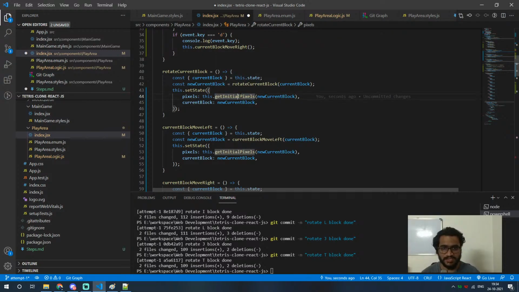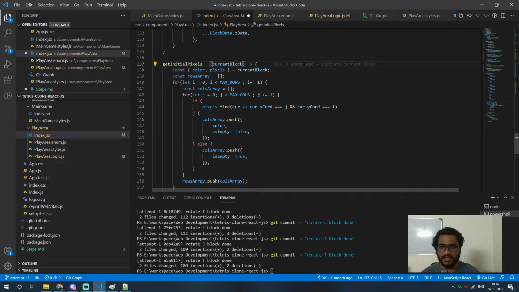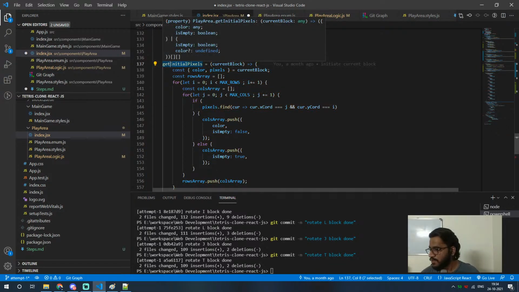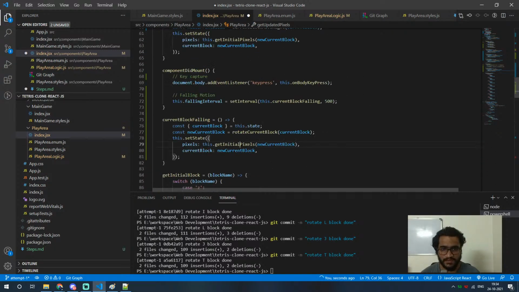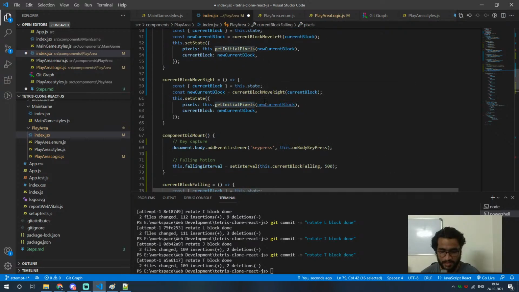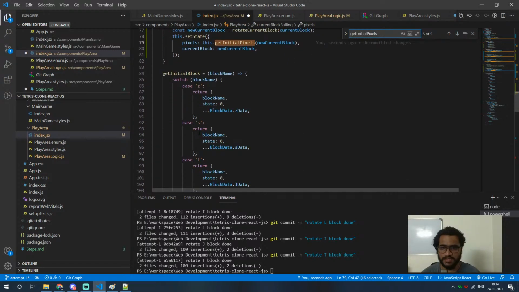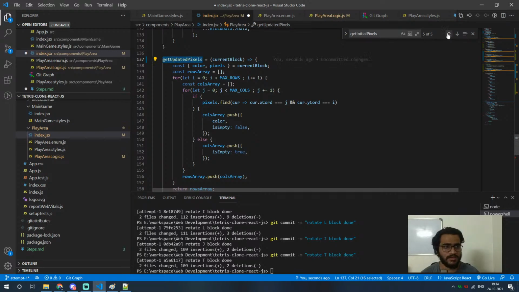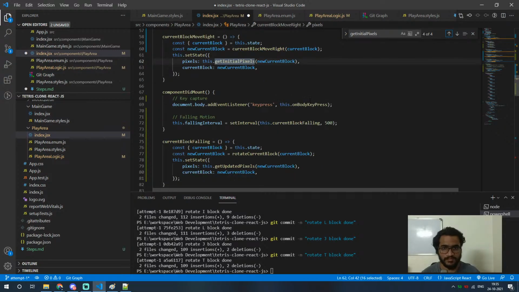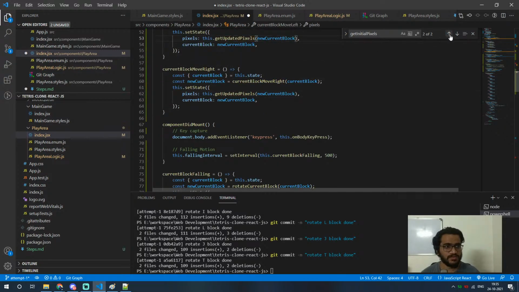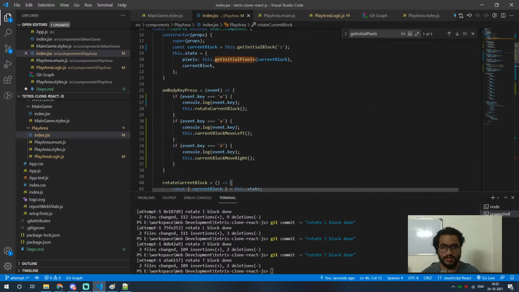Okay, let me just change it everywhere. Get initial pixels, I change it to get updated pixels, right? Because the naming scheme is confusing.